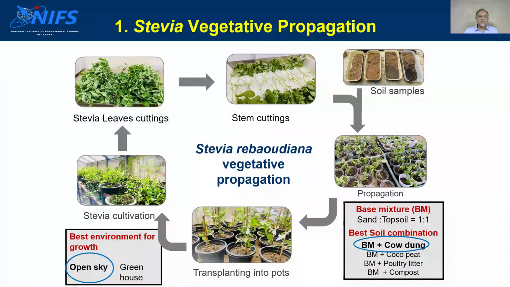We collect stevia leaf cuttings, and from that we can collect stem cuttings. Stem cuttings are used for vegetative propagation, and here we are selecting the best soil mixture for the healthy growth of Stevia rebaudiana. We mix sand soil and topsoil in a 1:1 ratio, and this base mixture is then mixed with cow dung, coco peat, poultry litter, and biocompost.